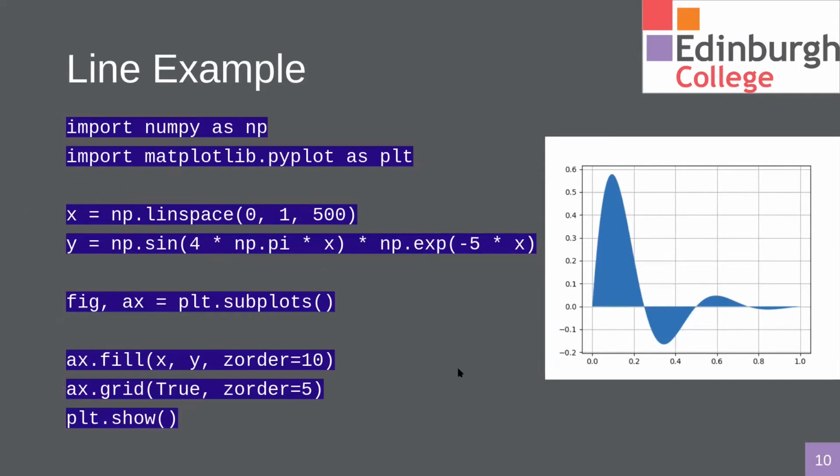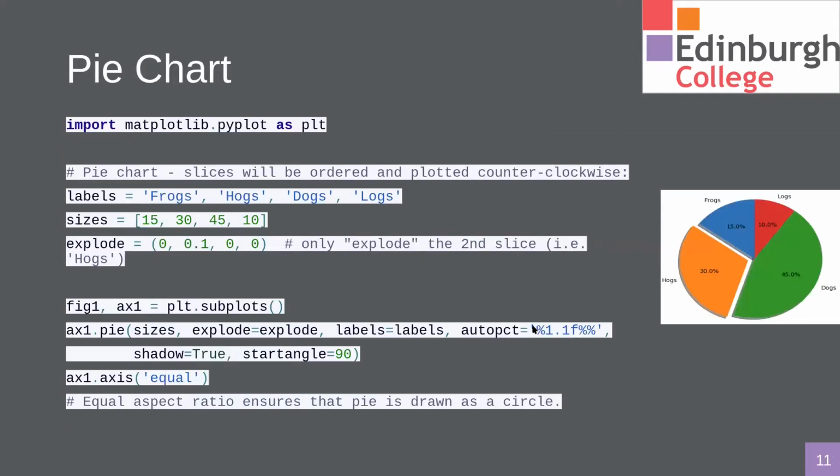So move forward a little bit now to the next example. This one is just a basic pie chart, and we can do this with this code here. So we create some sizes, it just looks like a basic list.